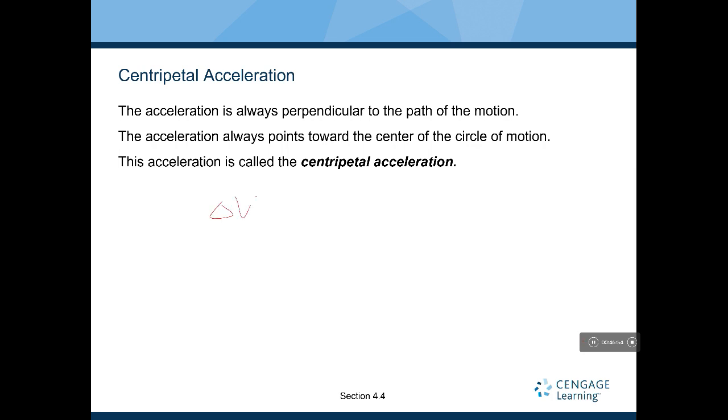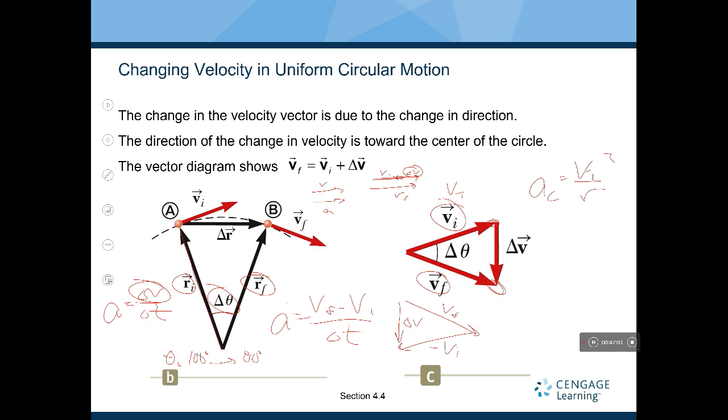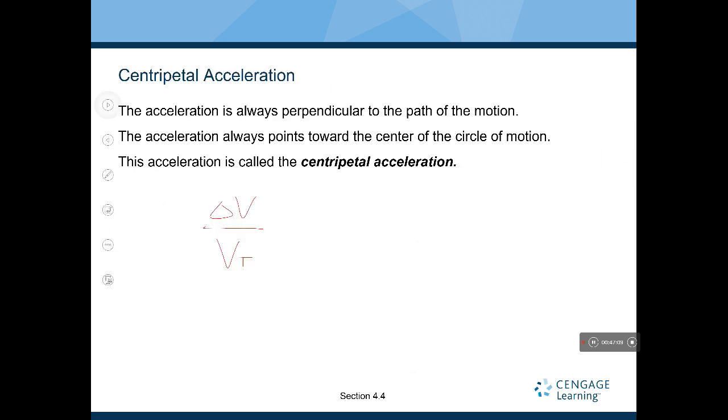They said, all right, delta V over VT, delta V over either one of them, pick VT, is equal to what other two combination of sides on the other one? Delta R over R.